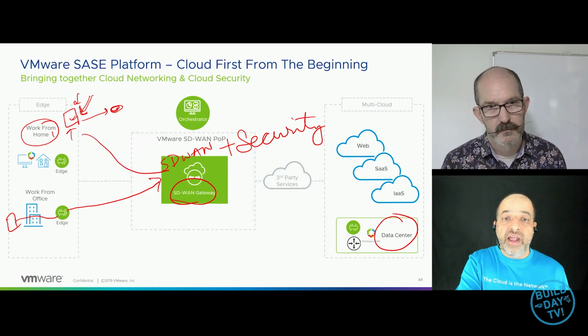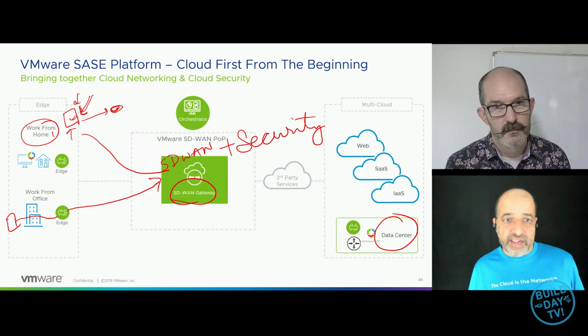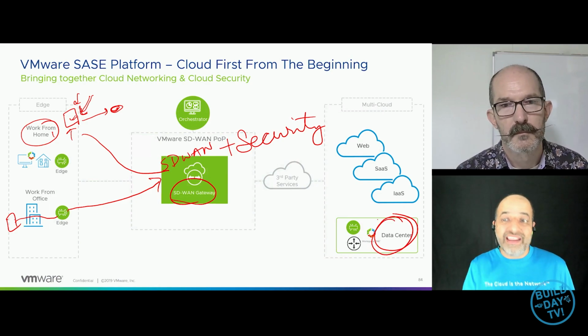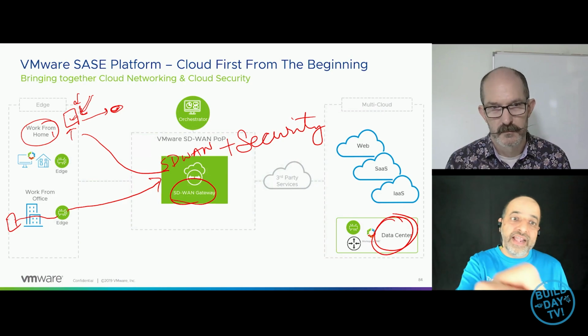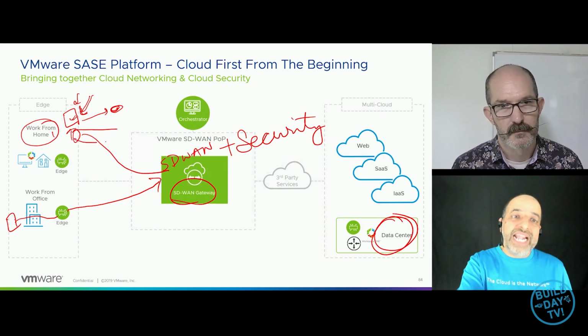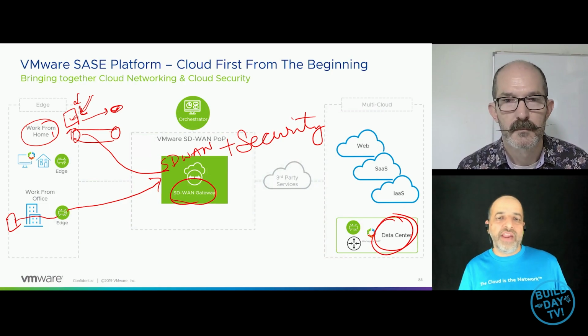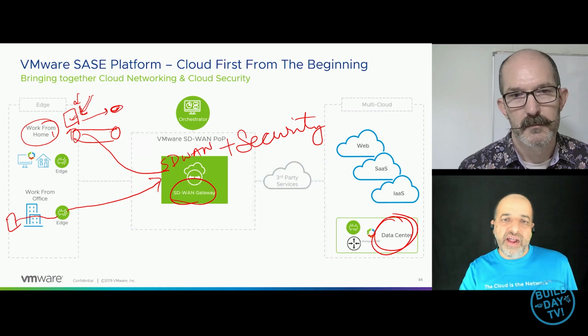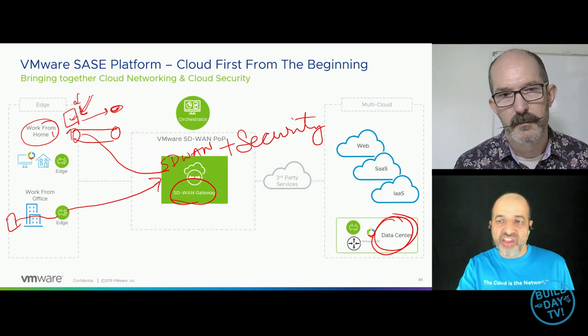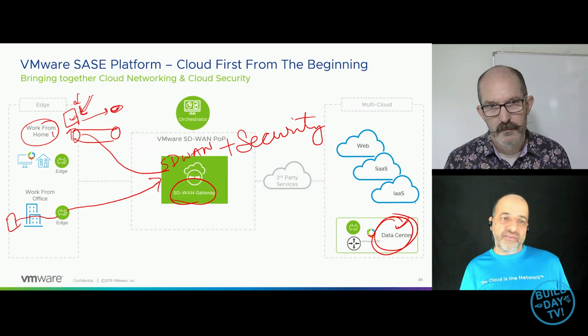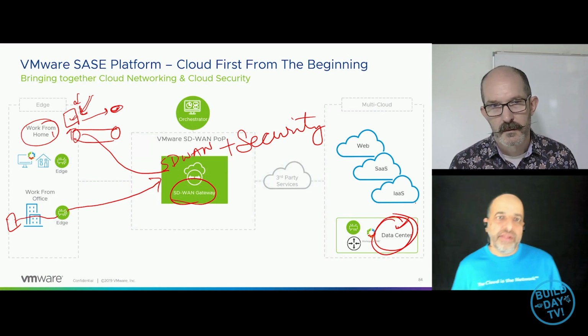Or if I have to access an enterprise application, then this tunnel will get instantiated from my laptop to that SASE POP for security inspection, and then it can get redirected or have access to that enterprise application. So that's where the first offering of VMware SASE comes into play. That's adding an endpoint VPN rather than an edge VPN into the SD-WAN to get access to my enterprise resources.